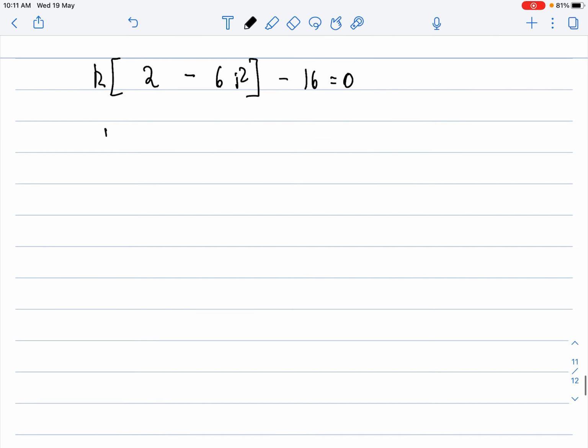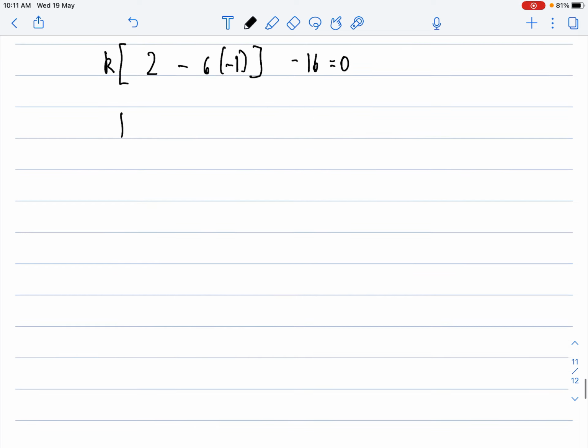So I can write this as k into 2 minus 6, and I know i square is minus 1, minus 16 equals 0. So now this is k into 2 plus 6 minus 16 equals 0, which is basically k into 8 equals 16. So I know my k is basically 16 over 8, which is 2.